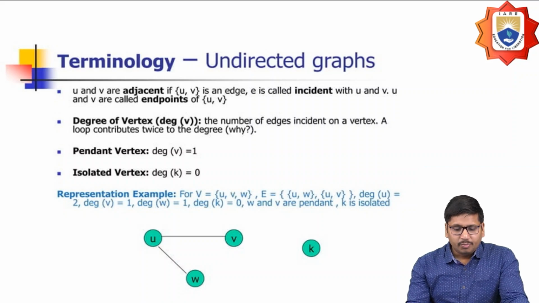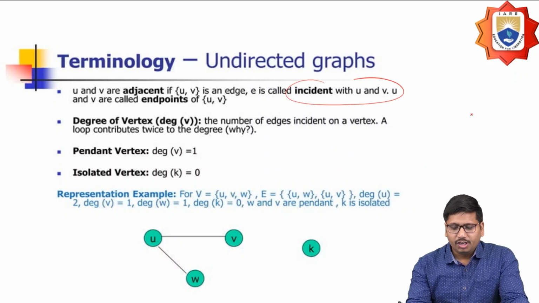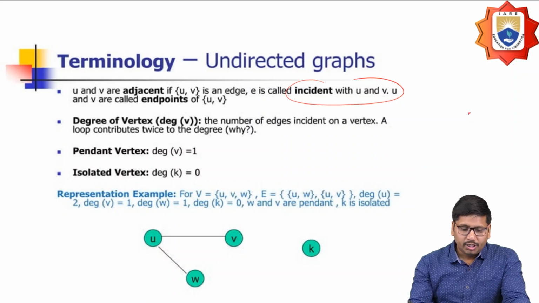When it comes to terminology of an undirected graph, U and V are adjacent whenever an edge is incident with U and V, and U and V are called the endpoints of UV. So how can I say that U and V are adjacent?